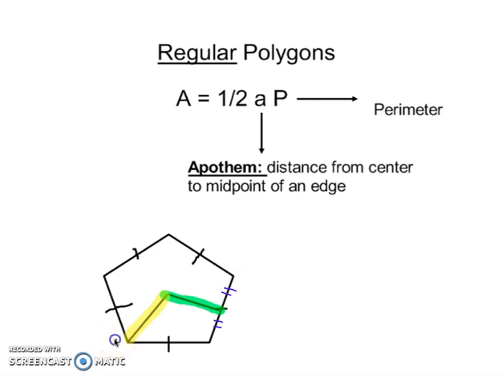This is called the radius. And this one over here is the apothem. So when you're calculating the area, you have to make sure you're using the apothem to figure out your area.